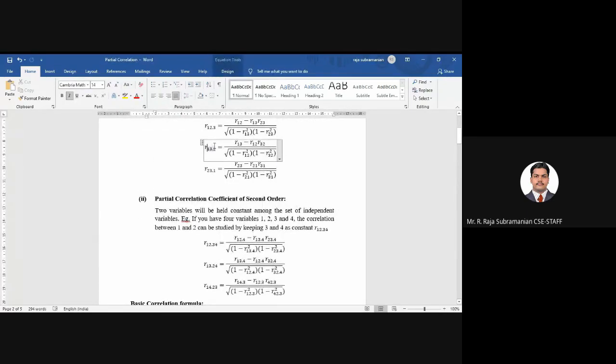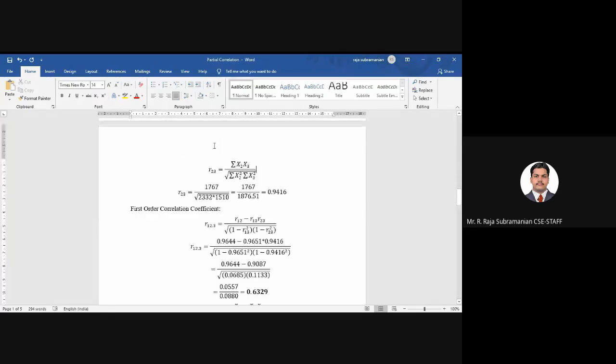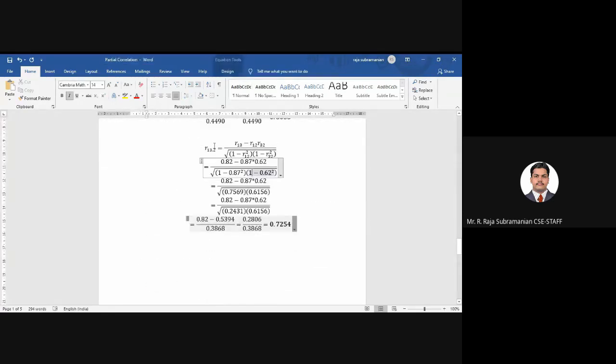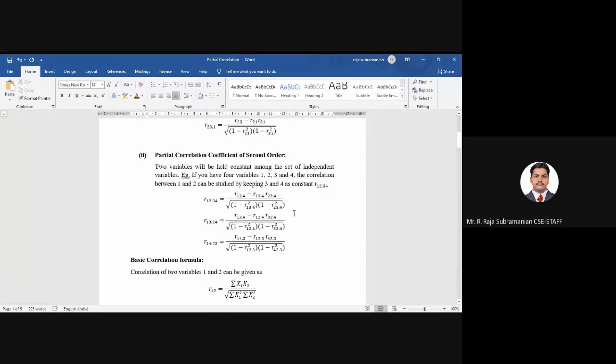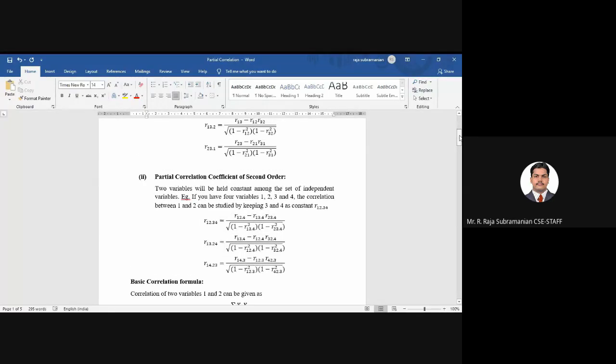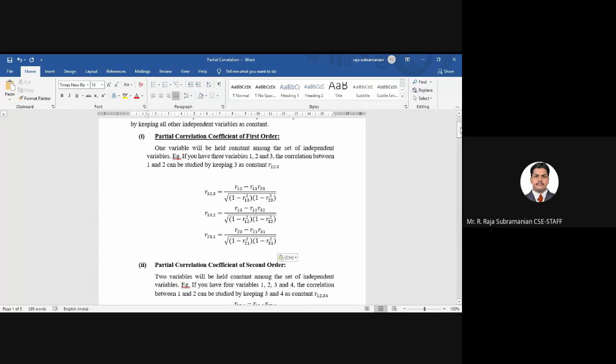When you are doing pen and paper work, or even in the quiz, I'll be trying to give the table only. But time will not be a constraint for you. I'll be giving enough time. My assumption is to give a maximum of 18 minutes if this entire R12, R23, or everything needs to be found, along with any one second order partial derivation. It will include R13, R12, and this table construction.